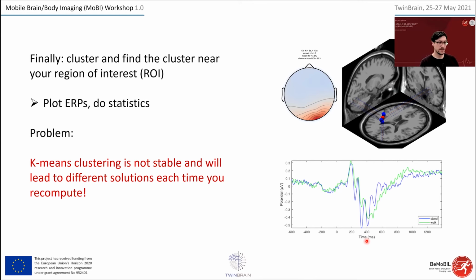And this is kind of a common theme in EEG processing, as you've seen already with the rejection of channels, for example. Here we have another thing, which is basically the same issue. So it's difficult. We cannot just say we clustered with these weights and other people will probably get the same results. They might get the same results if you're lucky, but they might also not.